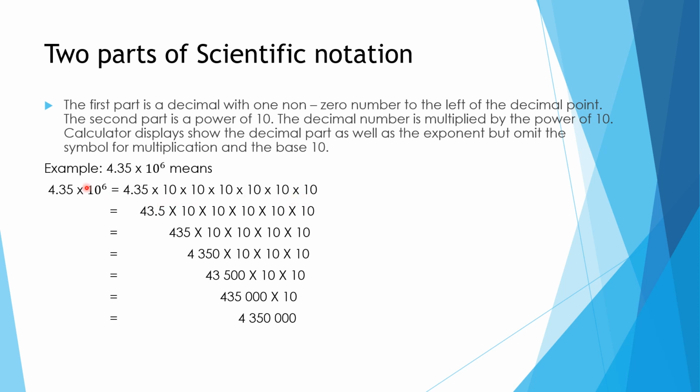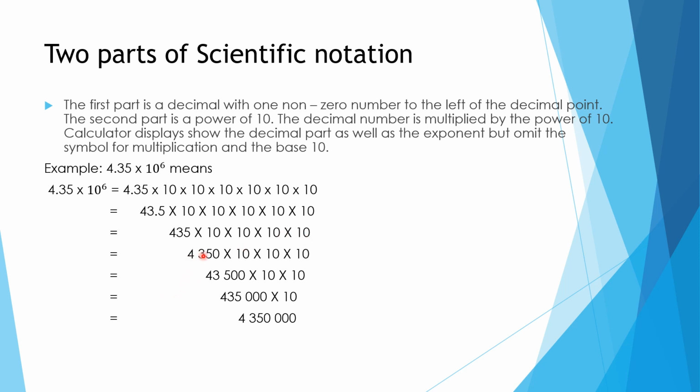Next, if we move the decimal, 43.5 times only five 10s. When it is a whole number, 435 times four 10s: 10 times 10 times 10 times 10. So, four times 10.